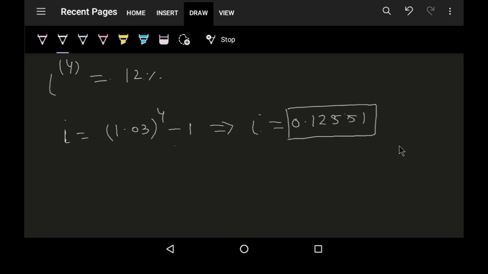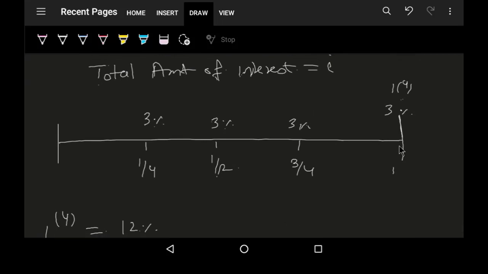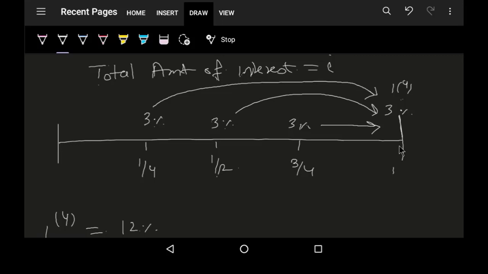Now, I am assuming that I am earning 3% here, 3% here, 3% here, and 3% here. So 3% is equal to 0.03. We can also look at it in a way that we accumulate each of the amounts to the end of the year. This 3% is already here.